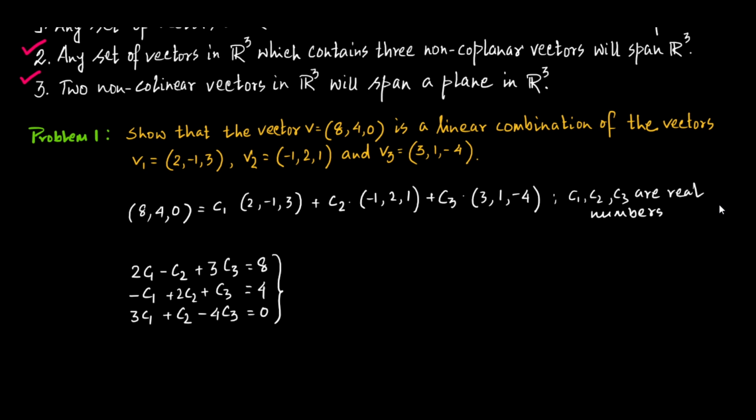Now you can solve this system and find out the values of c1, c2, c3 by any method you wish, if the solution at all exists. You can apply Cramer's rule or you can apply Gaussian elimination algorithm.